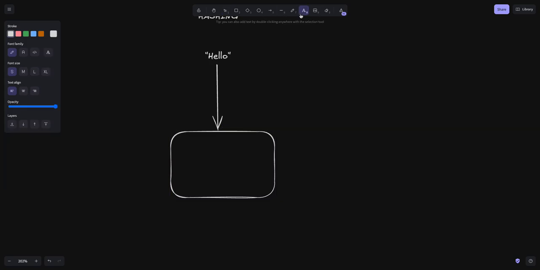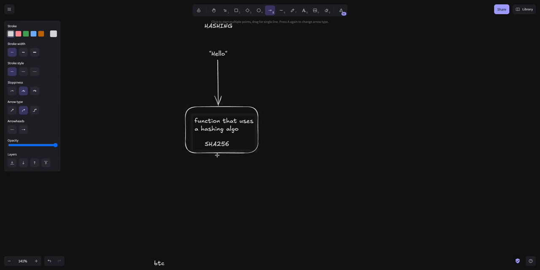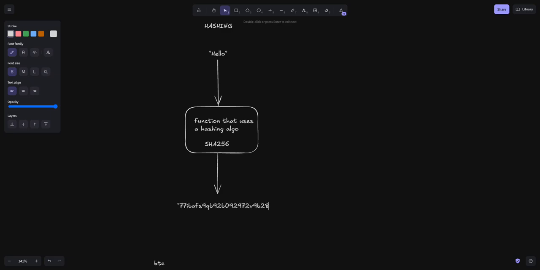If you are a developer, then you definitely know what a function is. This function uses a hashing algorithm, in our case SHA 256. This function will give us an output, otherwise what's the use of it? So it will give us something like this.